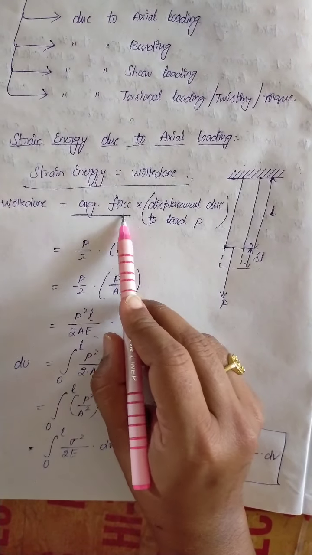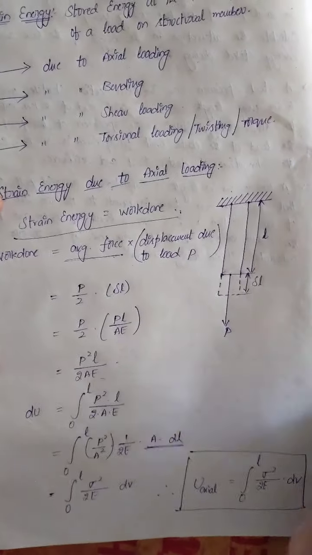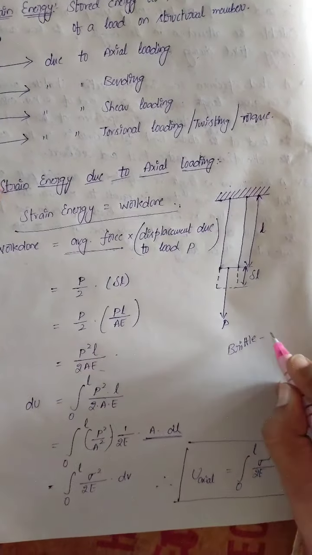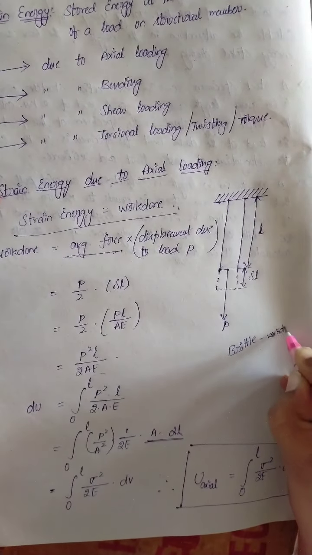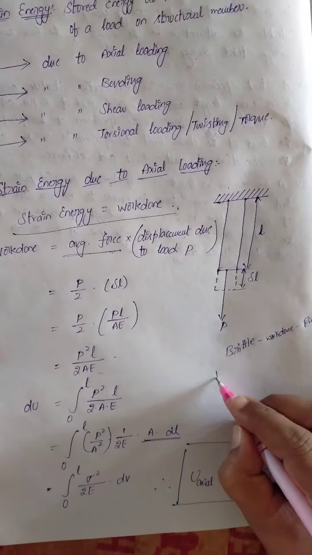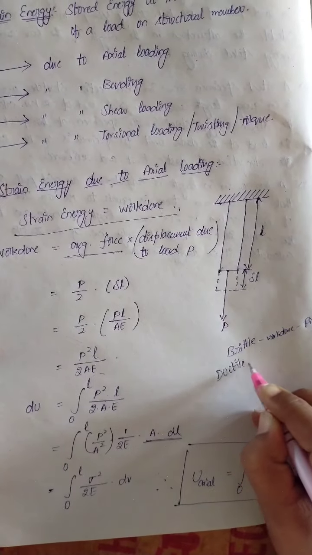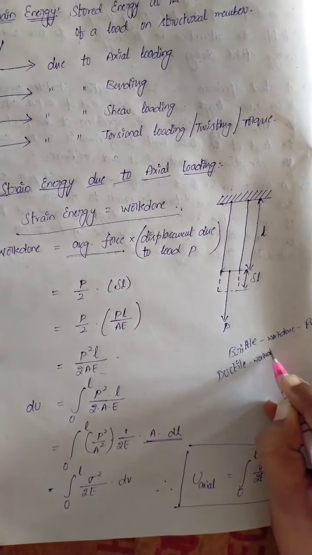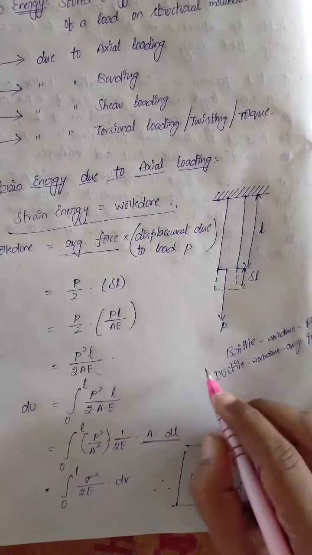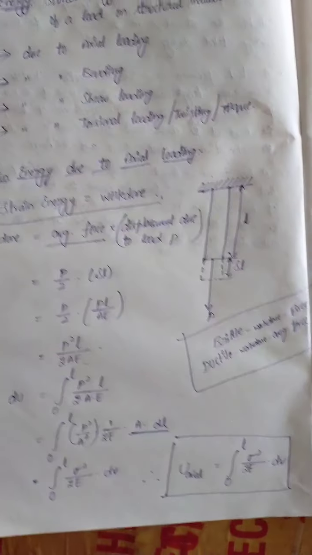If in case it is a brittle material, you have to consider direct force. Here I am writing for brittle, work done will be force. For ductile, work done will be average force. See, these are the points you have to remember.